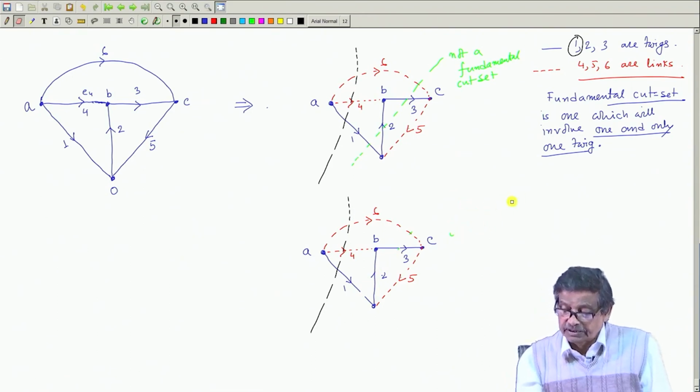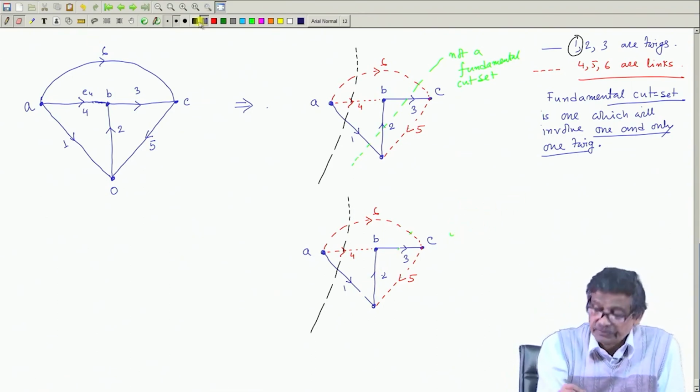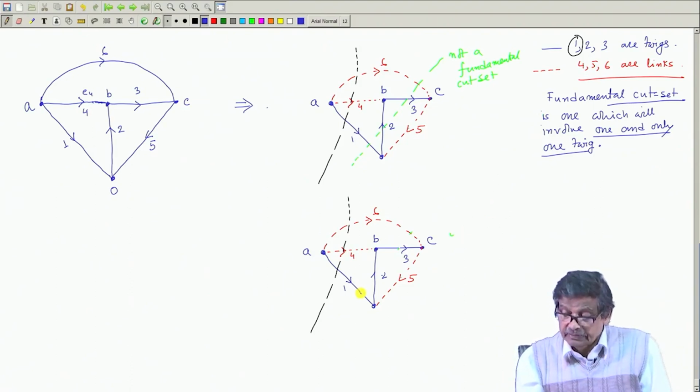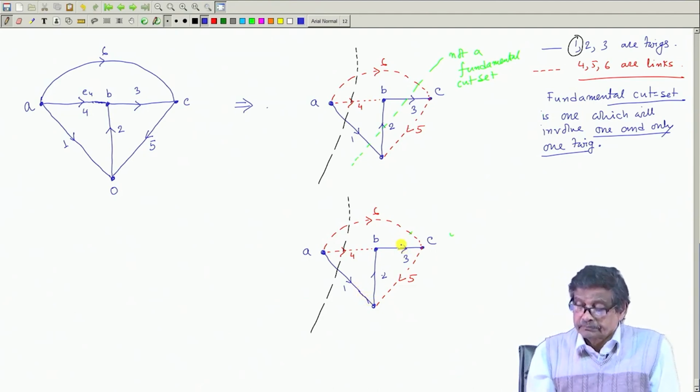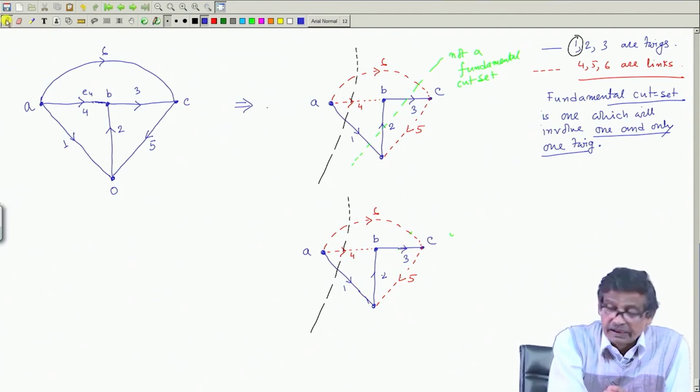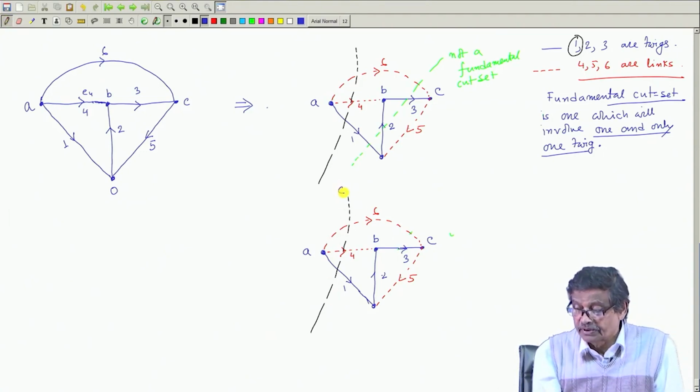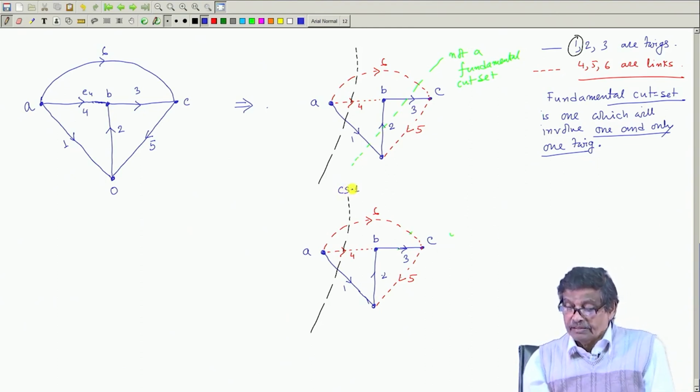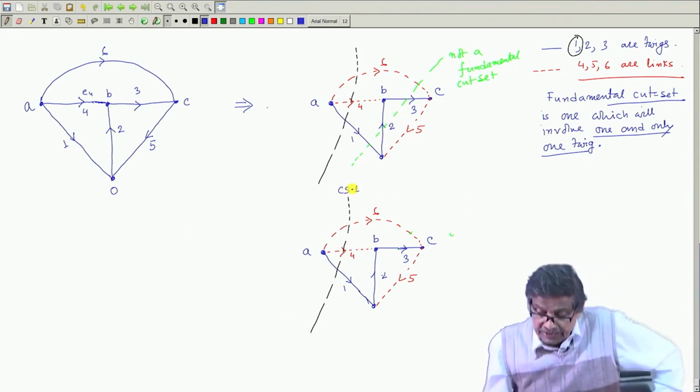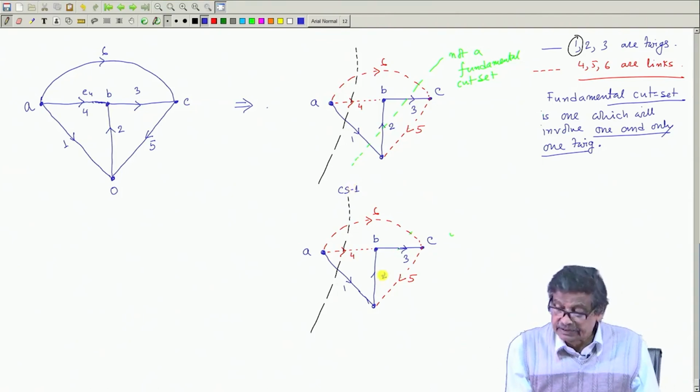Forget about the non-fundamental cut set. So this is a fundamental cut set and I will call it cut set 1. How to draw the other cut set? This was twig 2.